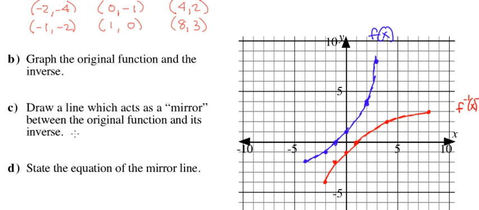Draw a line which acts as a mirror between the original function and its inverse. In other words, an axis of symmetry between these. If you were to draw a mirror line for these, it would have to go something like this.